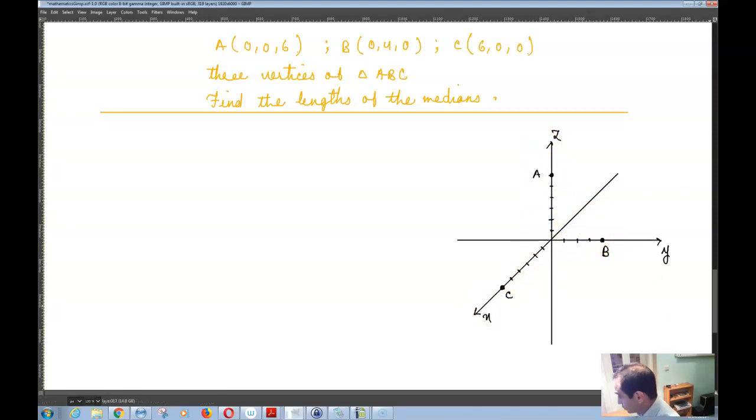If I connect these points together, I will get a triangle like this.